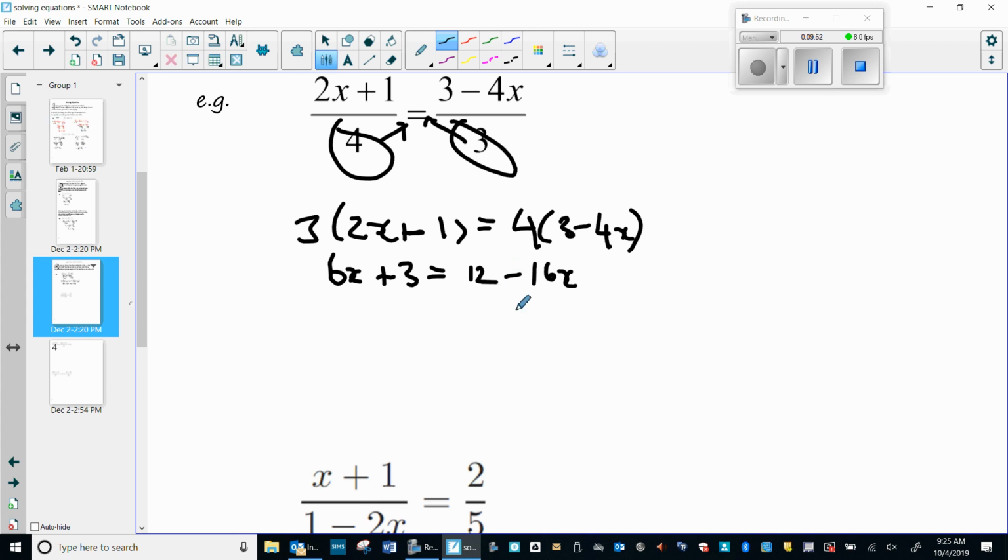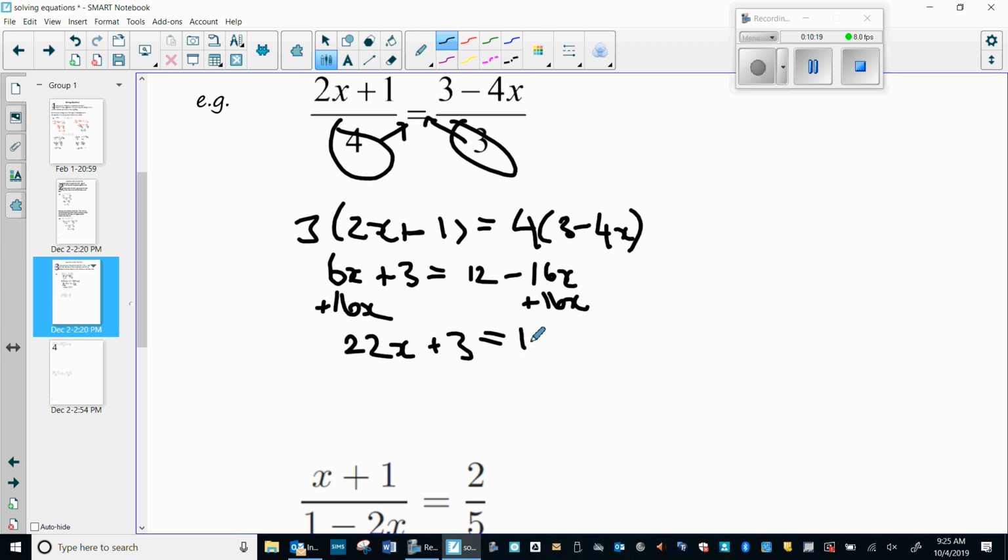Then you would do, would you minus 6? Well, you've got a choice here. So you've got 6x on the left, but you've got -16x on the right. So you would add 16? Yes, I would. And then, because otherwise you're going to end up with negative numbers, yeah? We would add 16x that side, and then it'd be 22x plus 3 equals 12.